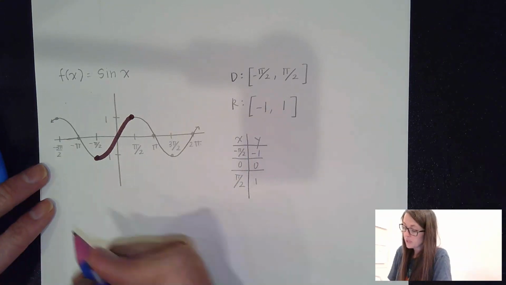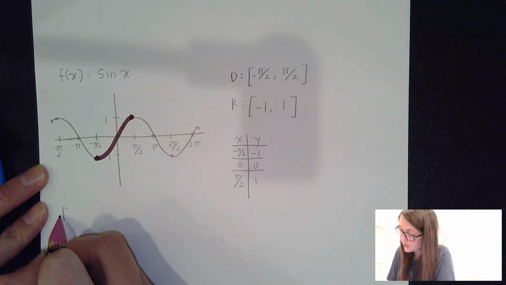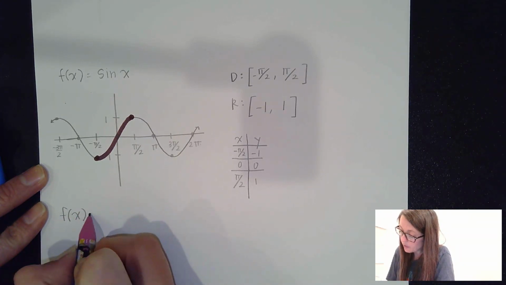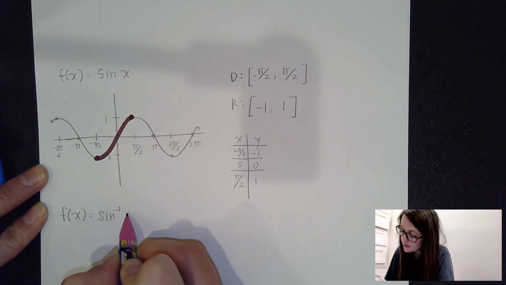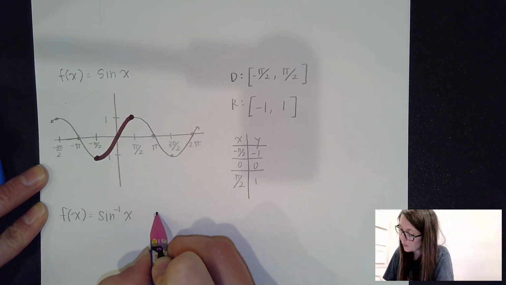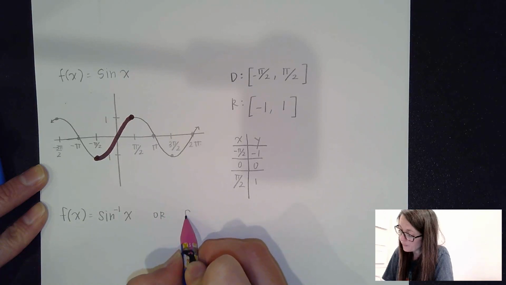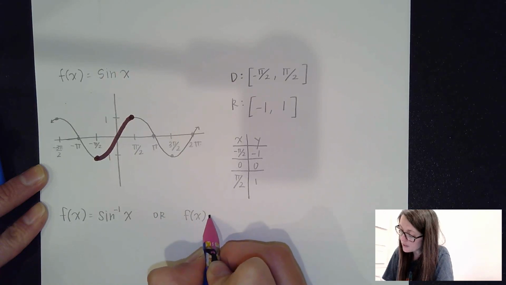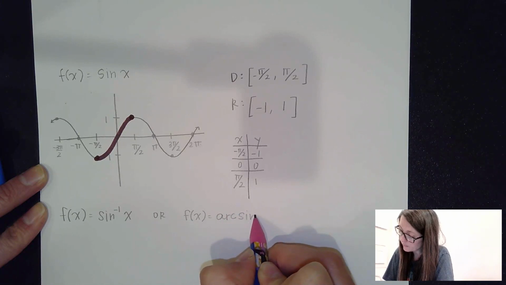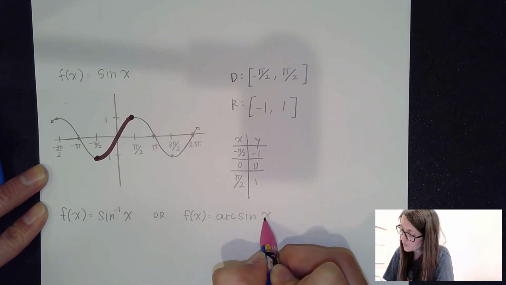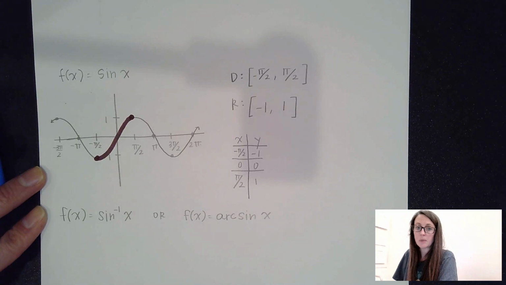So if I wanted to graph the inverse, there are a few things we could call it: sine inverse of x, or we could call it arc sine. Those two things represent the same thing.